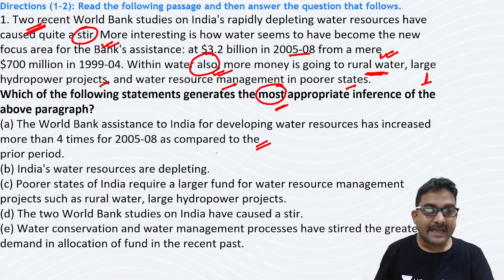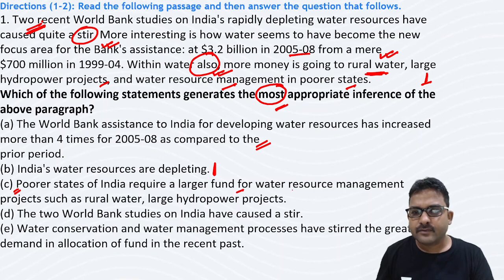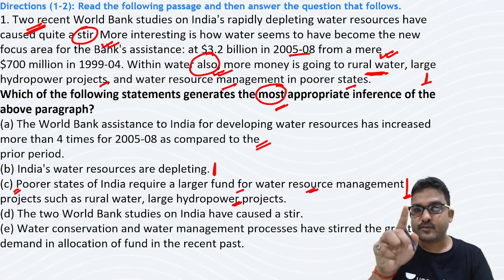What can we see? India's water resources are depleting. Now, that is in the general sense; it is not categorizing the rural part. But see, the third option says poorer states of India require a larger fund for water resource management projects such as rural water and large hydropower projects. So this is one of the best, according to me and according to the option as well, because it summarizes both these points, the first point and the second point.